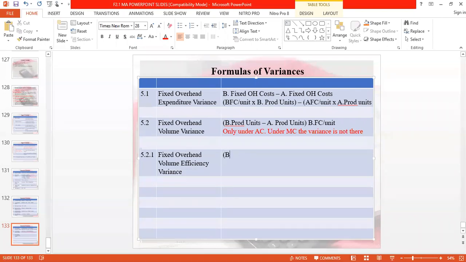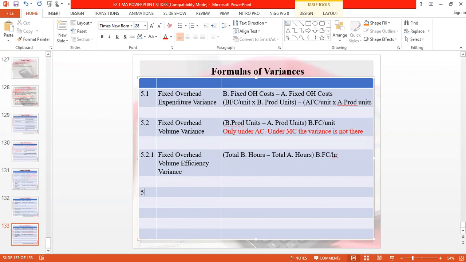The formula is budgeted hours minus actual hours, times, outside the bracket, the budgeted fixed cost per hour, not per unit, per hour. Remember, this is total budgeted hours, and here also, total actual hours.